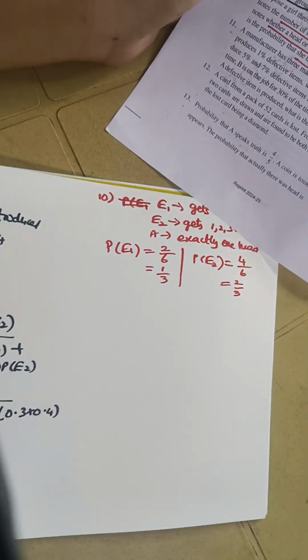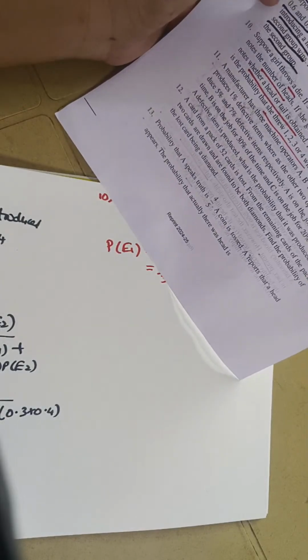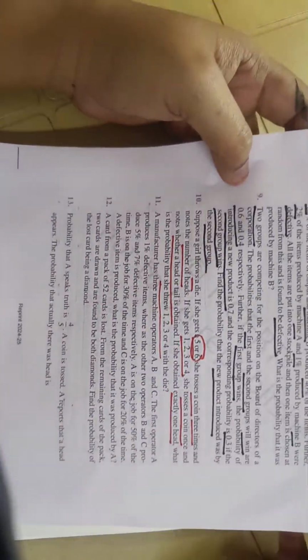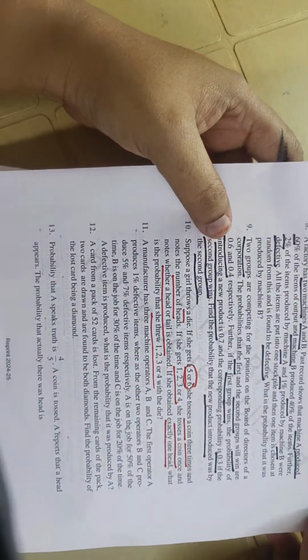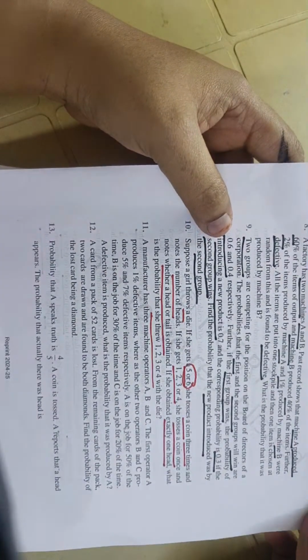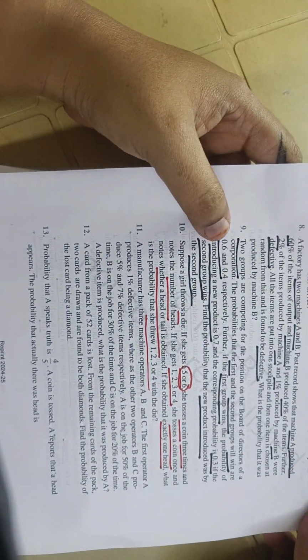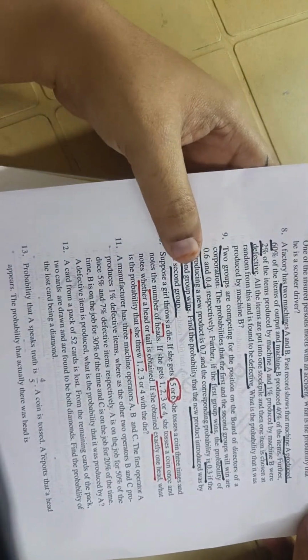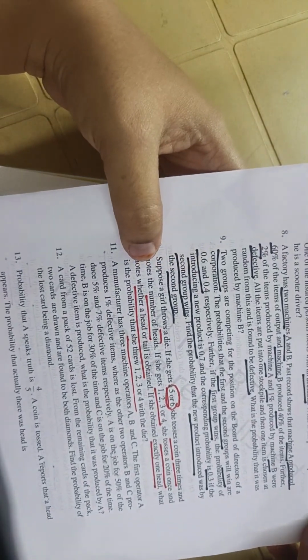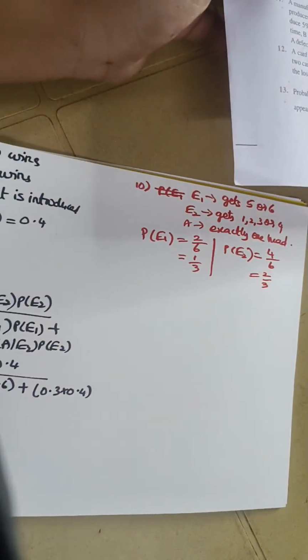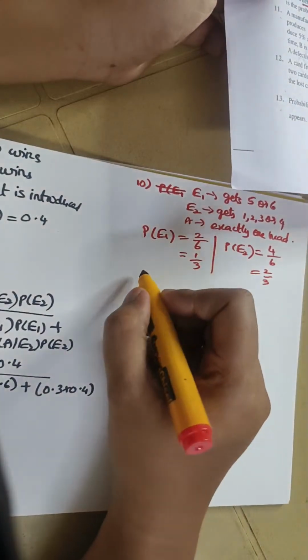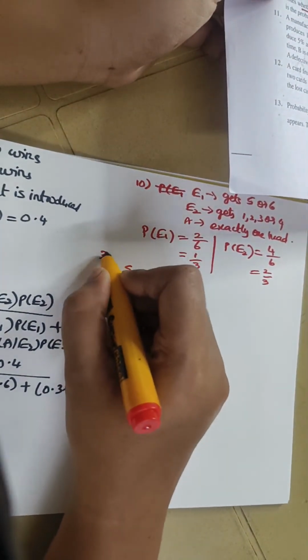And now, when she gets 5 or 6, she tosses a coin 3 times and notes the number of heads. For 3 coins, what will be the sample space?